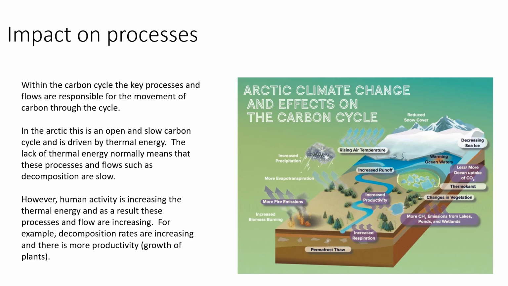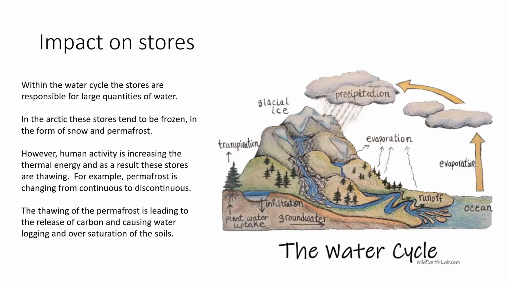It's not just the release of methane, we have more biomass. The growth of biomass is taking place much quicker because there's more carbon in the atmosphere. Those warmer temperatures are also meaning that decomposition is increasing. These are processes that did happen but were incredibly slow. But this warmer environment means that it's taking place a lot quicker.